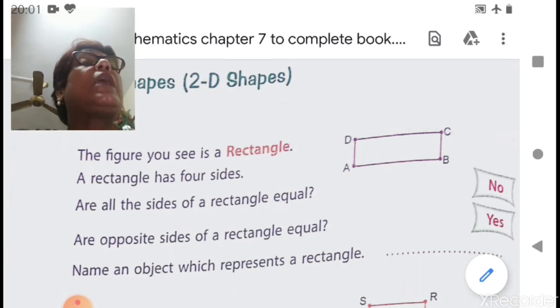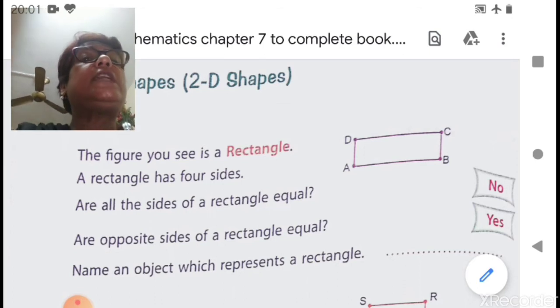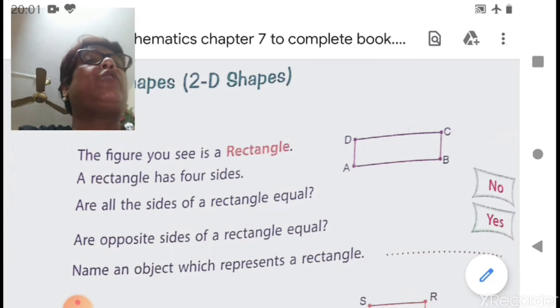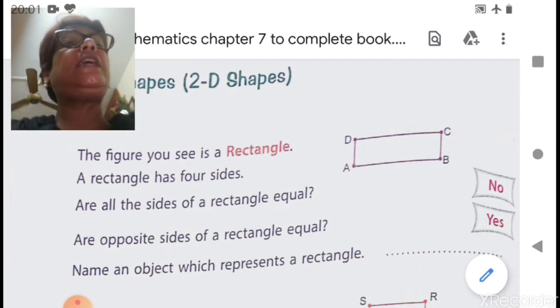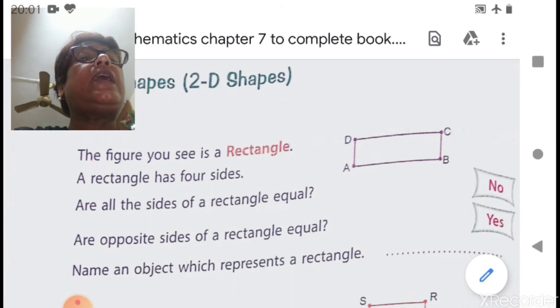A rectangle has four sides, and you can see that the two lines meet at one point. Okay, like line AB and line BC, they meet at point B. Then line BC and line CD meet at point C. Then line CD and line DA meet at point D, and line DA and AB meet at point A.